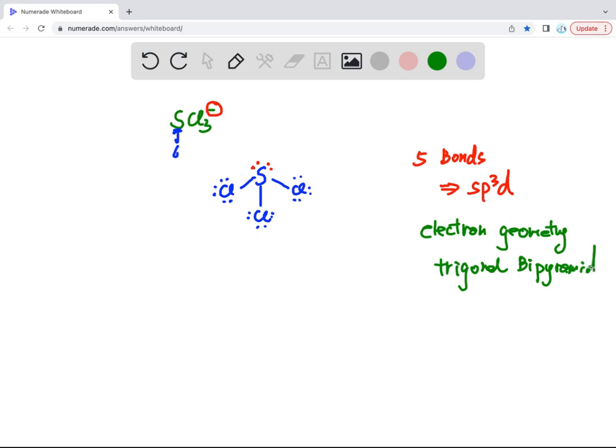And now we can draw the trigonal bipyramid. You have the sulfur at the center. And supposedly, if you already form 5 bonds, you should have a trigonal bipyramid structure.